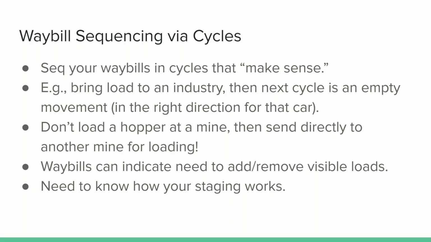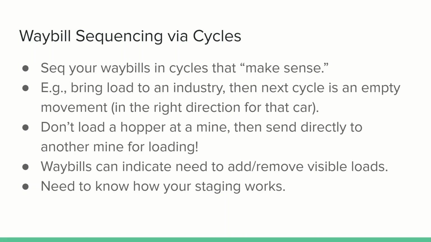You also need to know how your staging works. If you have stub-ended staging, a train that goes into Buffalo is later going to come back out still coming from Buffalo, because you've moved the engine to the other side and you're just returning that same train exactly as it was. If you have a return loop within your staging, it's coming back looking like it's still coming from the same direction.